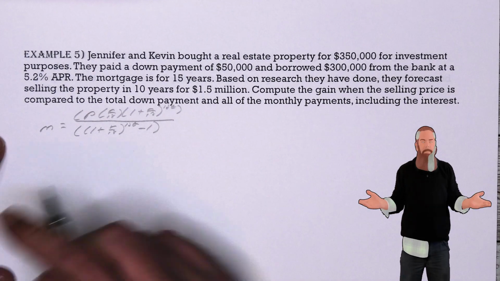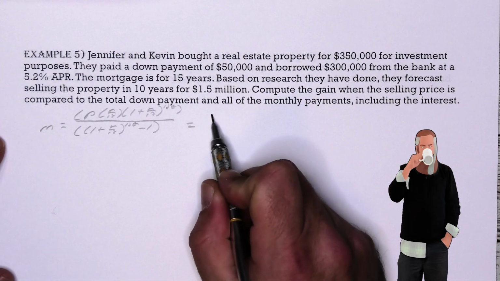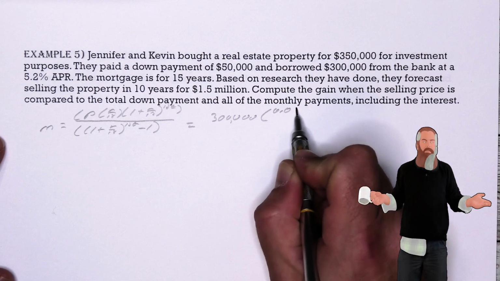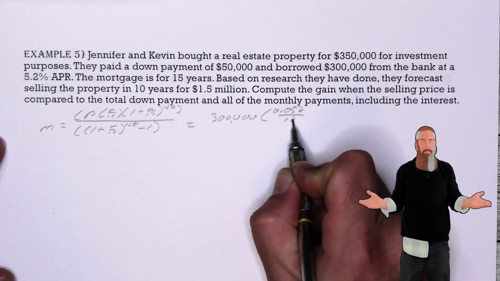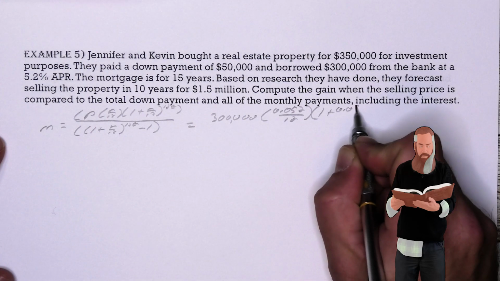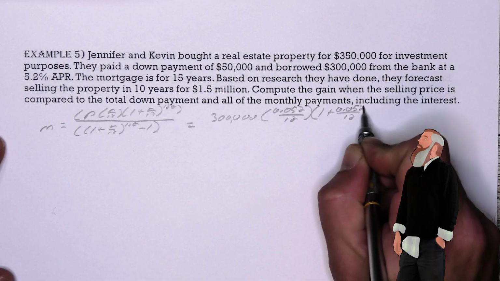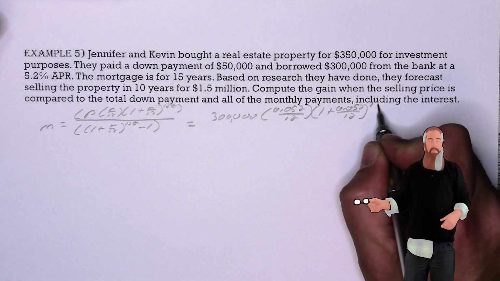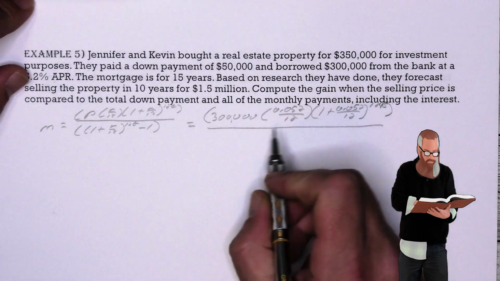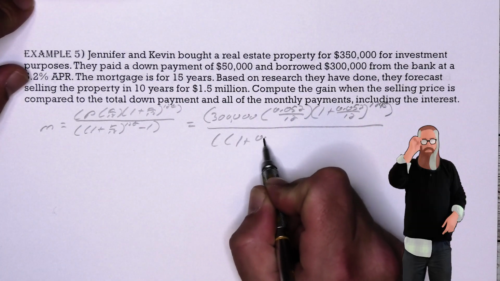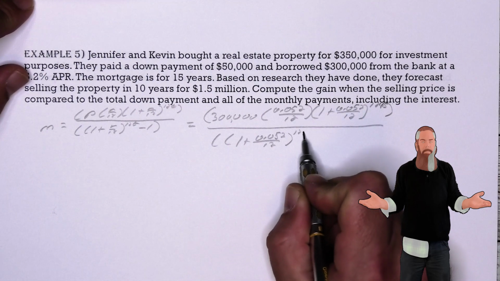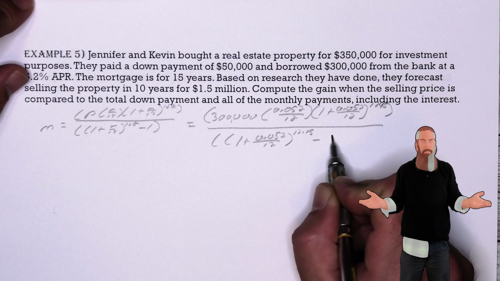Now we can do this by hand by simply substituting in some values. 300,000 times 0.052 over 12 times 1 plus 0.052 over 12 to the 12 times 15 power, all over 1 plus 0.052 divided by 12 to the 12 times 15 power minus 1.